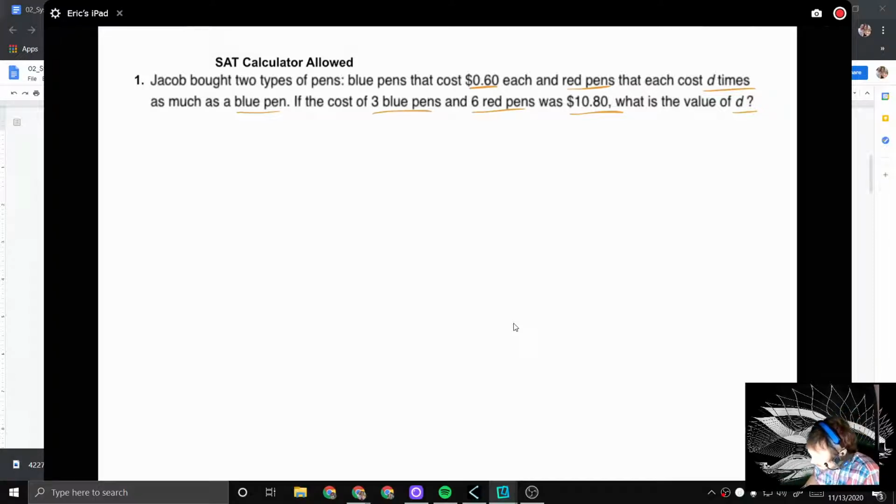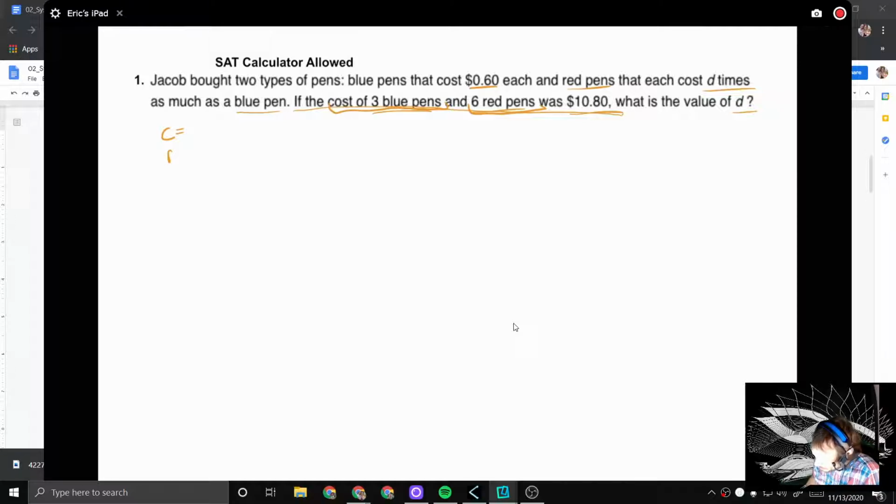And this sentence here keys me in that the cost of the blue pens and the cost of the red pens is important. So I'm going to add some variables. They might prove to be a little redundant, but I'm going to add them just to be able to think about this problem a little more easily.